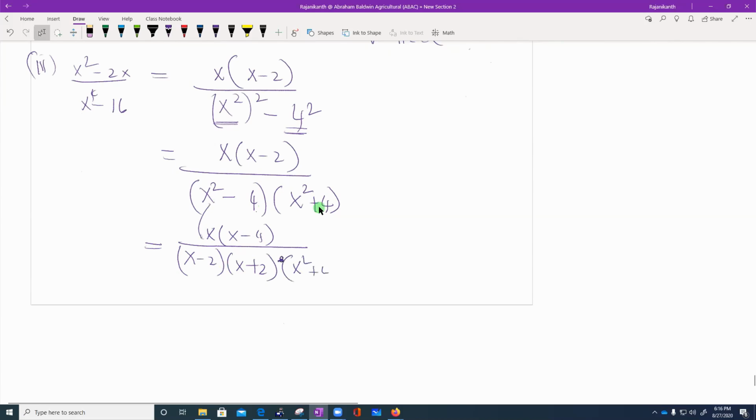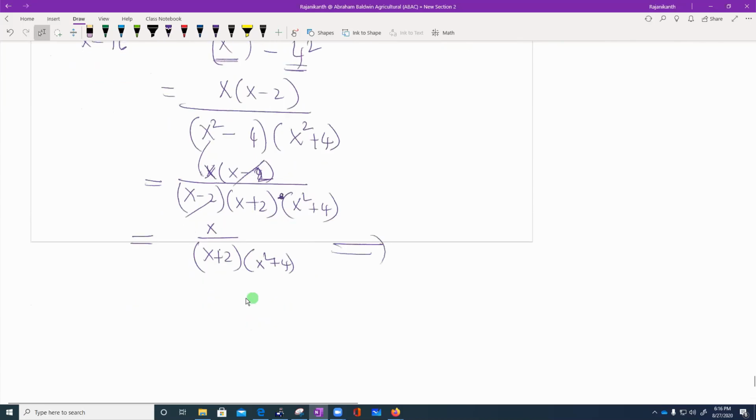These two pieces coming from the first and the last one you already had, and this is x squared plus 4. So this is the final version of the given problem in terms of factoring, right? Now, is there anything canceling out? X minus 2. Yes, so x minus 2 canceling, so you will come up with x over x plus 2 times x squared plus 4. Now look at the denominator.